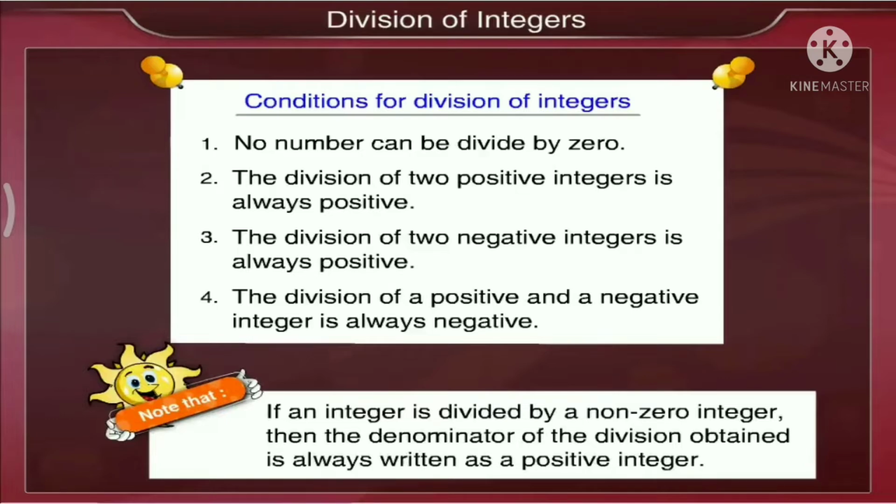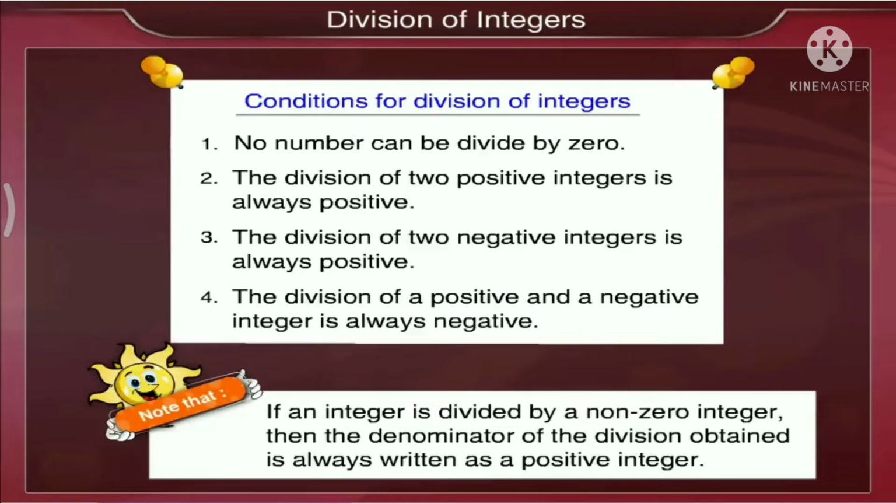Third point is the division of two negative integers is always positive. Fourth point is the division of a positive and a negative integer is always negative.